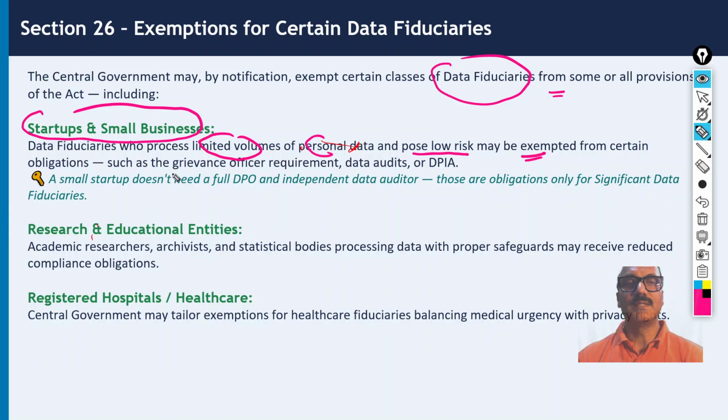Exempted from certain obligations, like, first of all, they are small companies, they have small investments to begin with. So if we impose on them a requirement to appoint a grievance officer and expect them to do audits and data protection impact analysis, this adds additional expenses to those small businesses and startups, which in fact will discourage or demotivate people from coming up and starting startups, or developing services and products for the country.